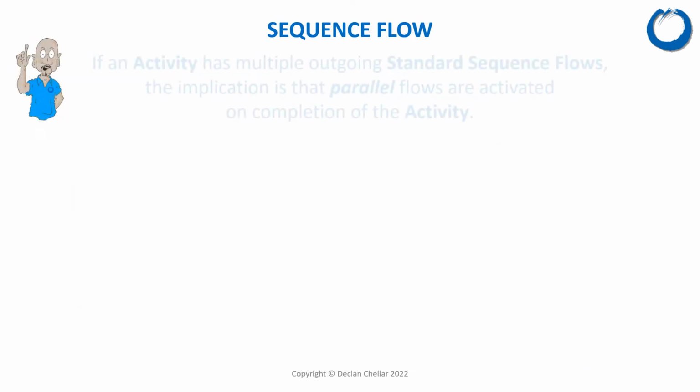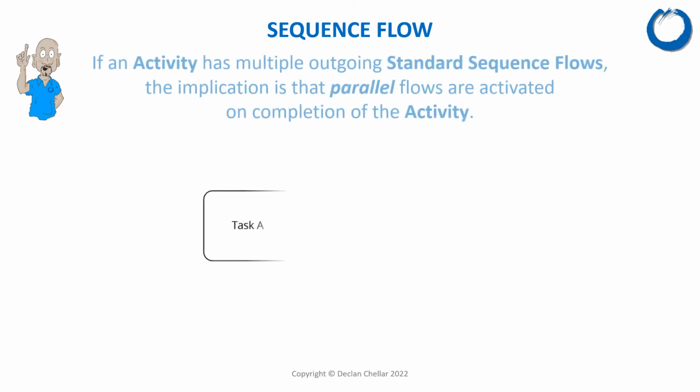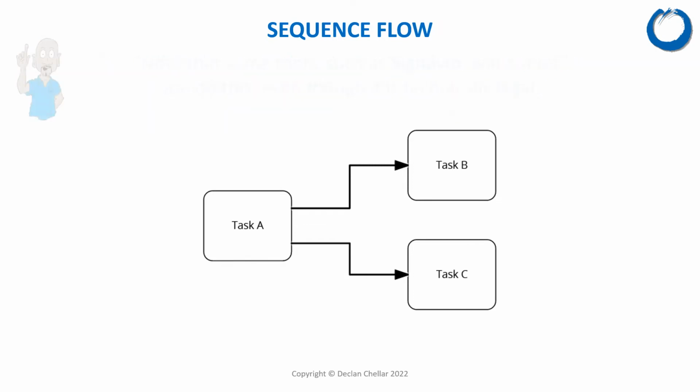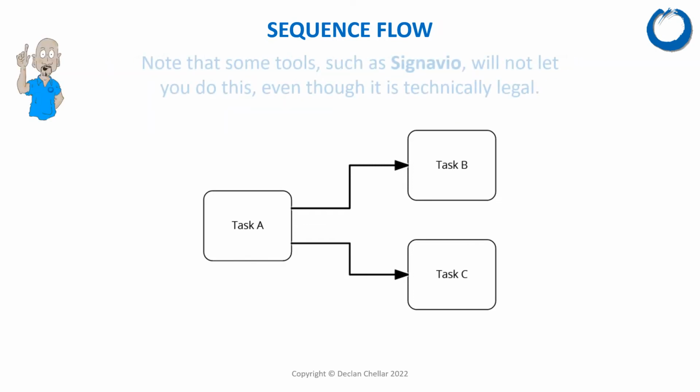If an activity has multiple outgoing standard sequence flows, the implication is that parallel flows are activated on completion of the activity. Note that some tools, such as Signavio, will not let you do this even though it's technically legal.